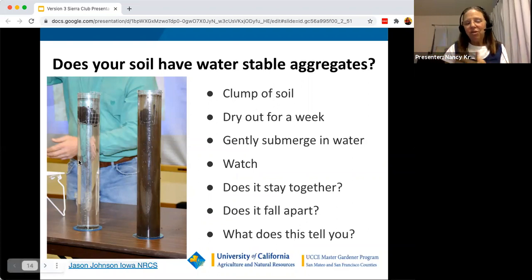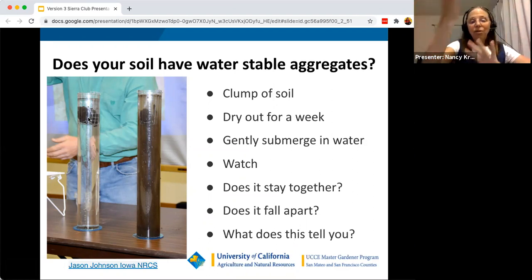So to go ahead a little bit, since you don't have time to puzzle this out, this shows an example of a soil that has been made with soil life, and it has water stable aggregates, which means when water comes in contact with it, what does it do? It flows through the pores, and the soil itself stays together, and that's what you want.